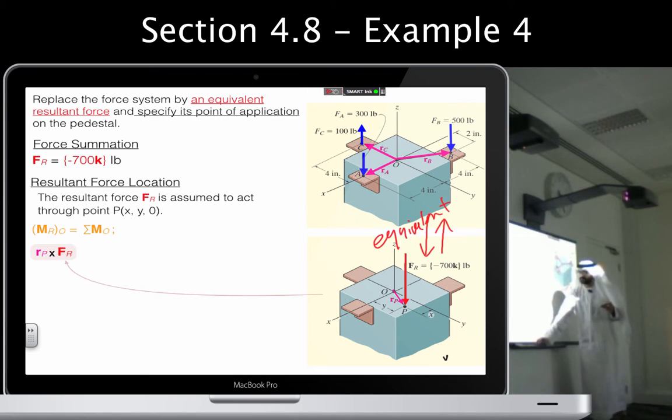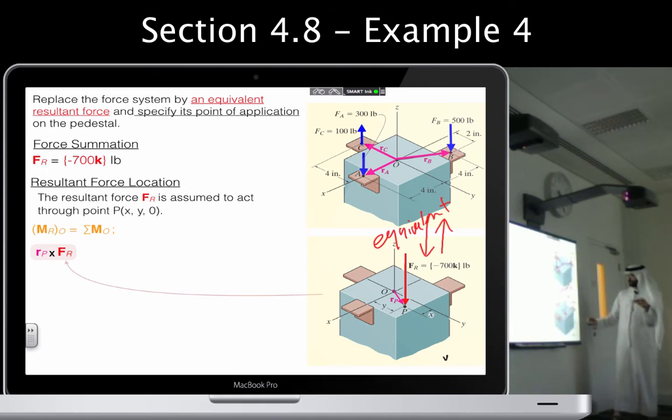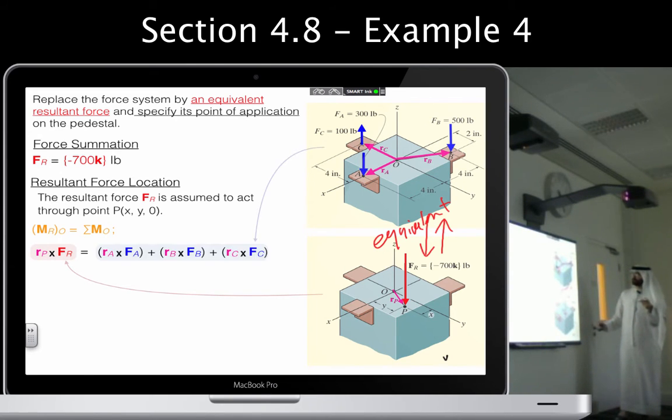The left-hand side of the equation will be the moment of our resultant force, Fr, and the right-hand side of the equation will be the moments created by Fa, Fb, and Fc. And that's it. The only difference now between this question and the previous questions is that you solve using vector analysis, and you know how to do cross product from previous sections.